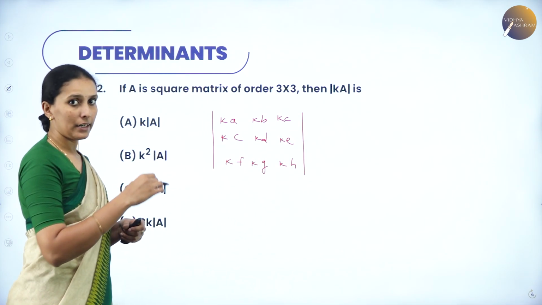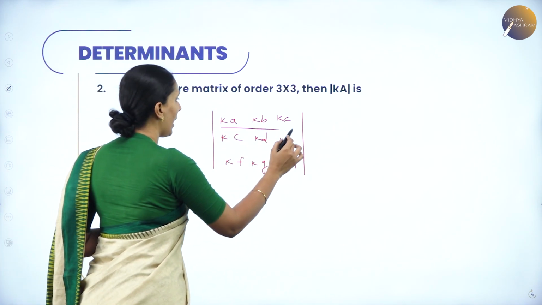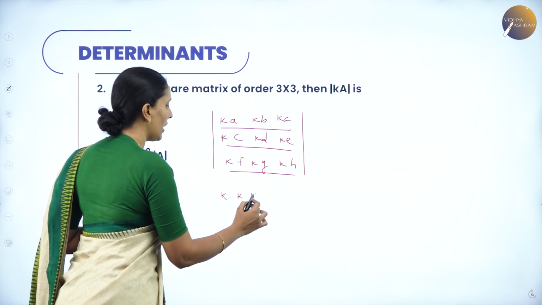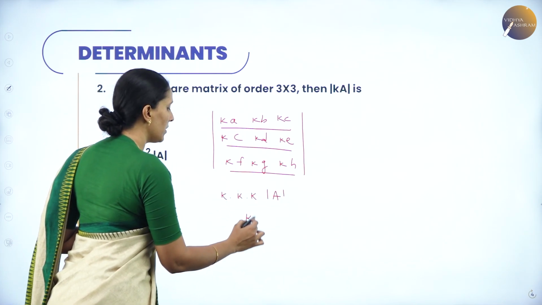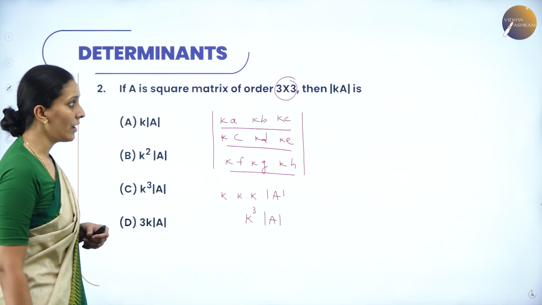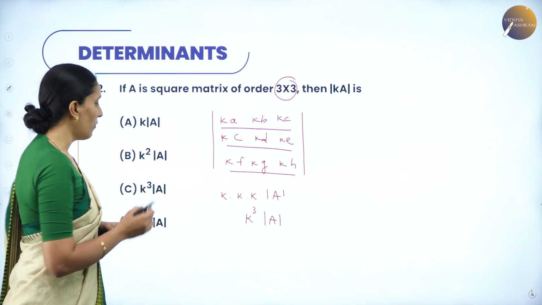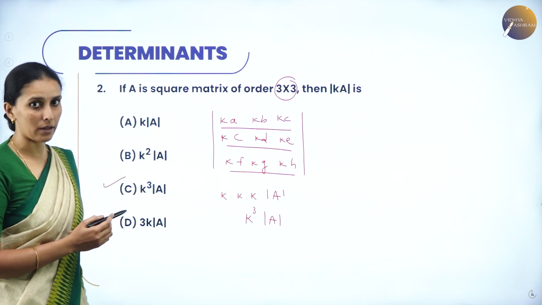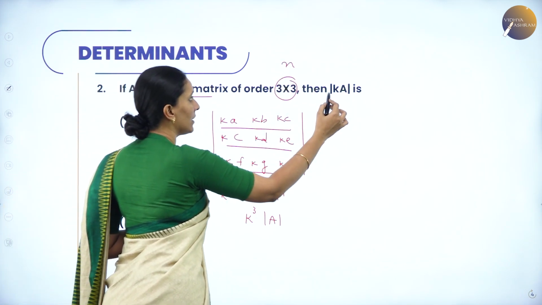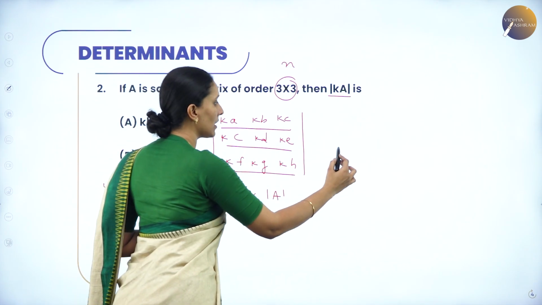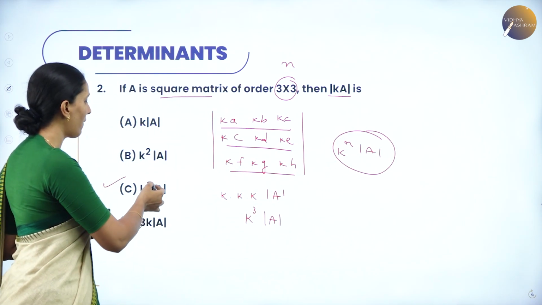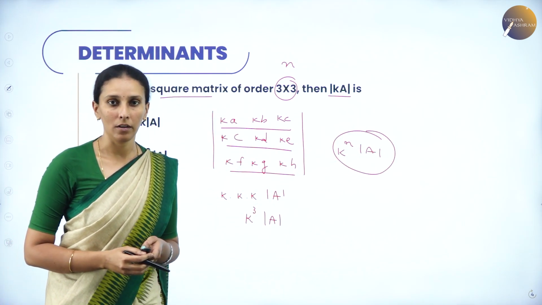So when we are taking the determinant, we will have k in all 3 rows. So it is k into k into k with respect to the determinant, so k cube into determinant A. So basically the order of the matrix is 3 cross 3, hence determinant of kA will be equal to k cube into determinant A. So for any square matrix, in general, if the order is n, then determinant of kA can be written as k to the power n into determinant A.